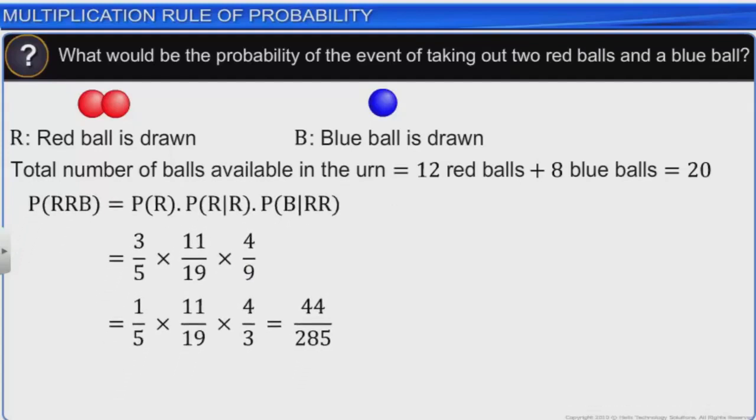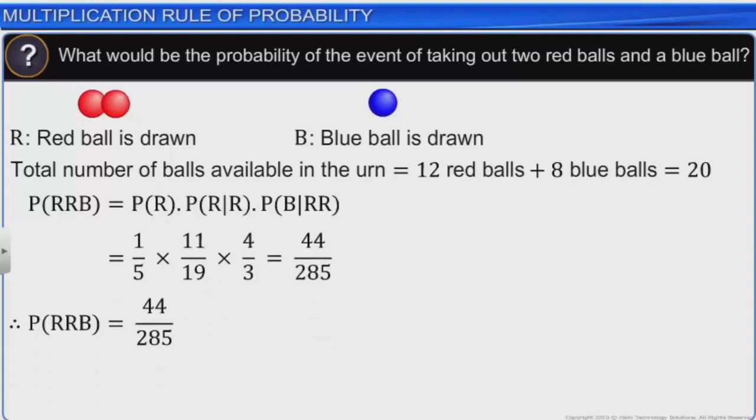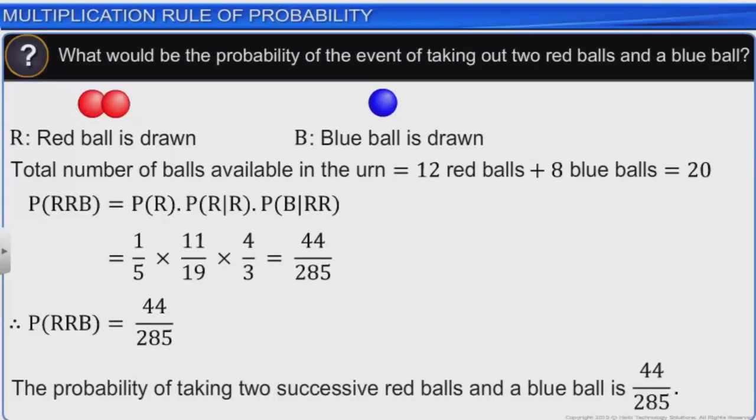Therefore, the probability of RRB is equal to 44 divided by 285. Hence, the probability of taking two successive red balls and a blue ball is equal to 44 divided by 285.